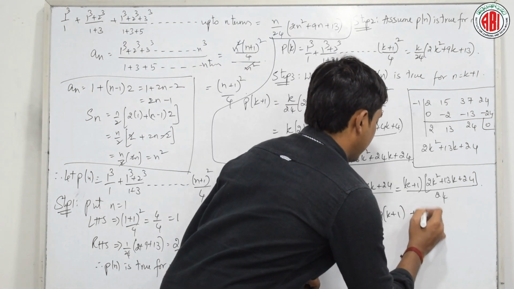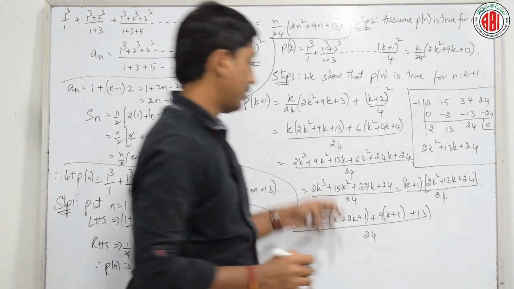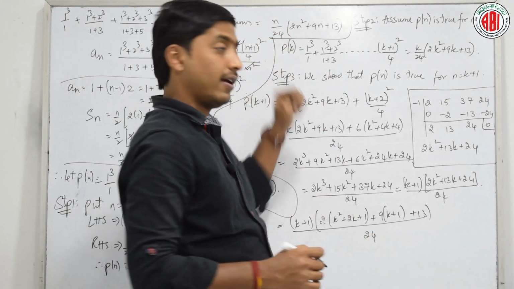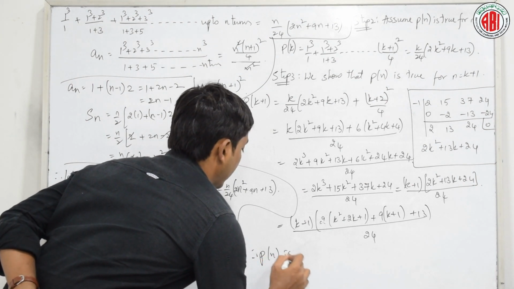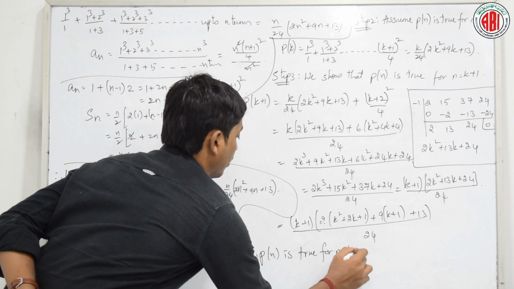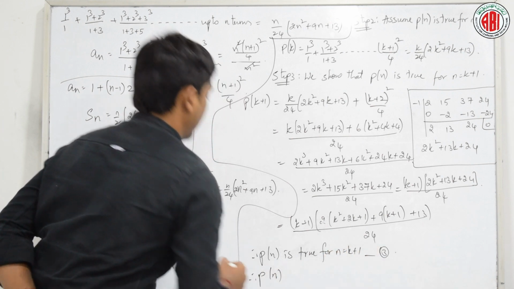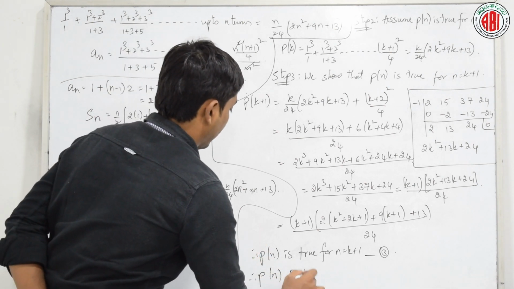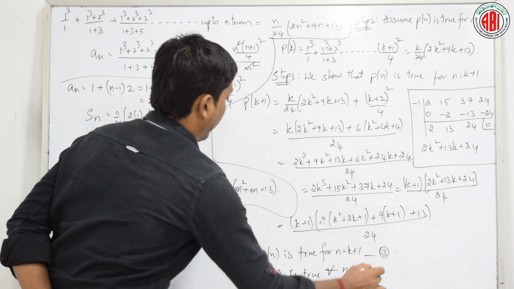This is plus 13. Therefore, divided by 24. Is it not the same as this? Yes, right? Fine. Therefore, P of n is true for n equal to k plus 1. This is my third statement. Therefore, from the first 2 and 3, P of n is true for all n belonging to N.